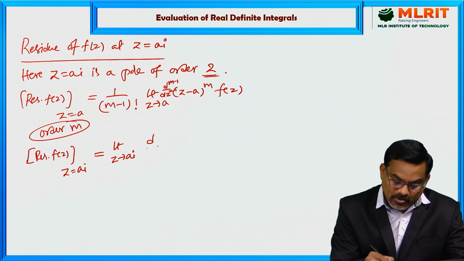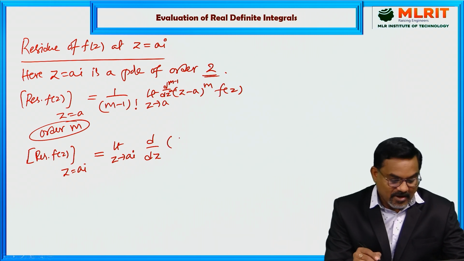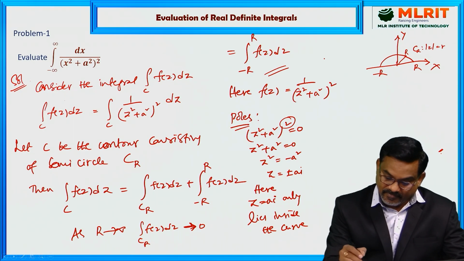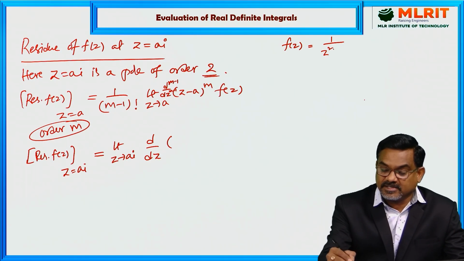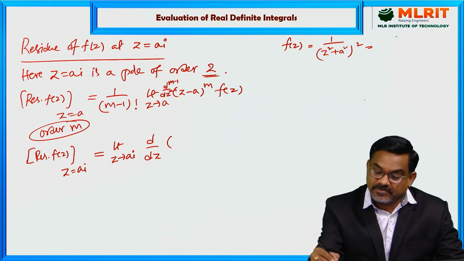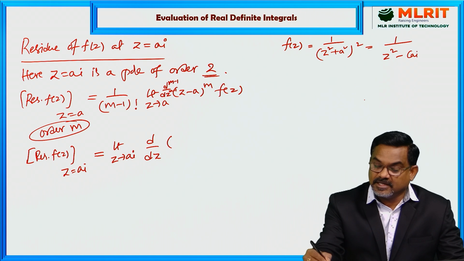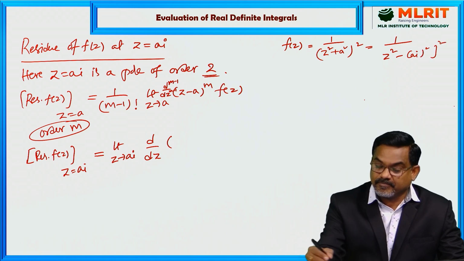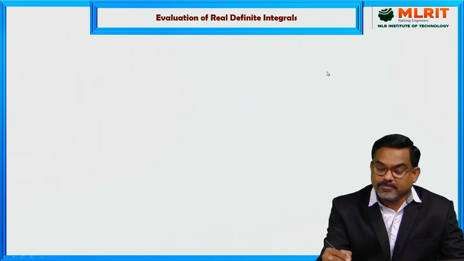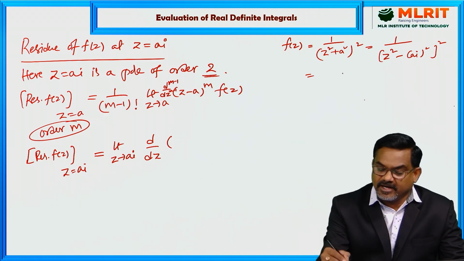Now what is the function actually here? f of z is 1 by (z square plus a square) whole square, which can be written as 1 by (z square minus (ai) square) whole square. So, this is in the form of a square minus b square, which we can write as a plus b into a minus b. So, (z plus ai) into (z minus ai) whole square.